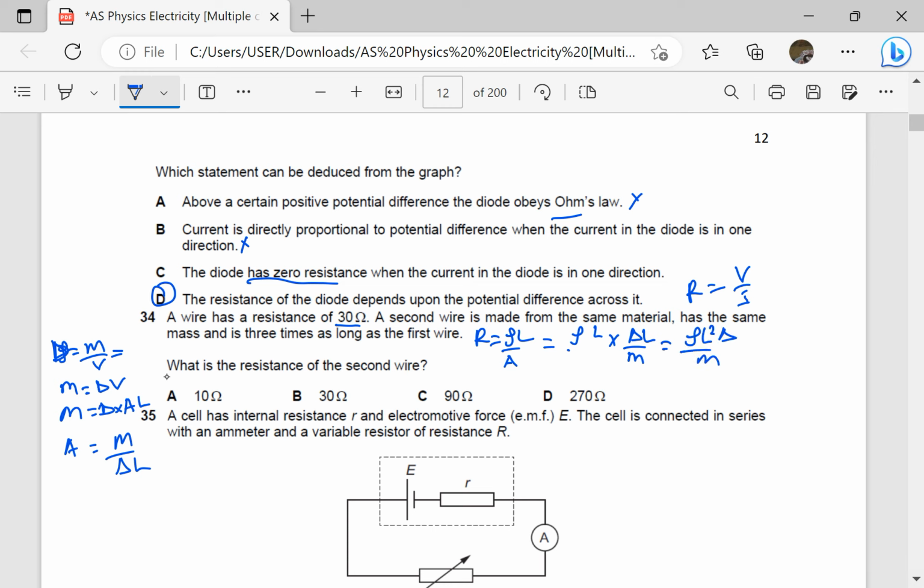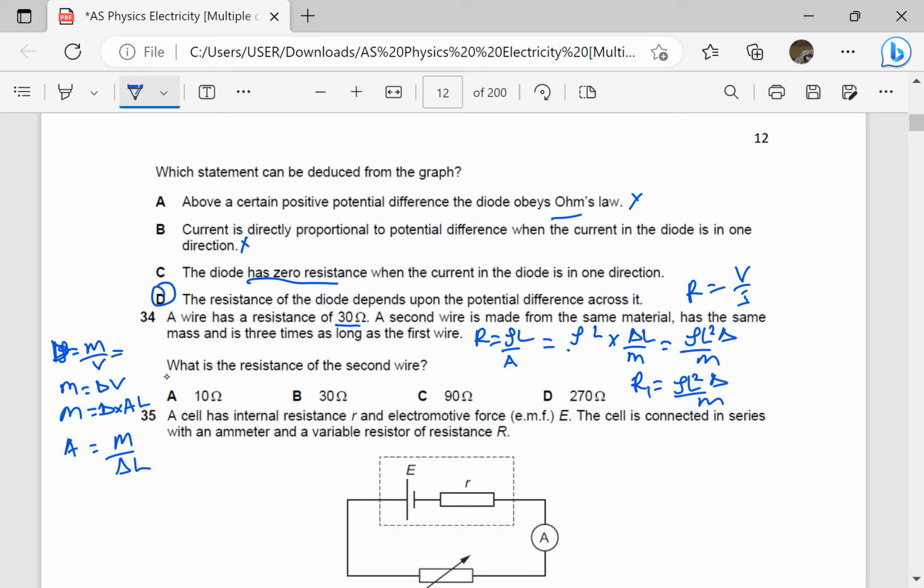Okay. So now let's come up with equations. Let the first wire have resistance R, which is rho L squared D over m. Then the second wire is made from the same material, meaning rho is the same, has the same mass, m is going to be the same, and is 3 times long. L is going to be 3 times L. What is the resistance?